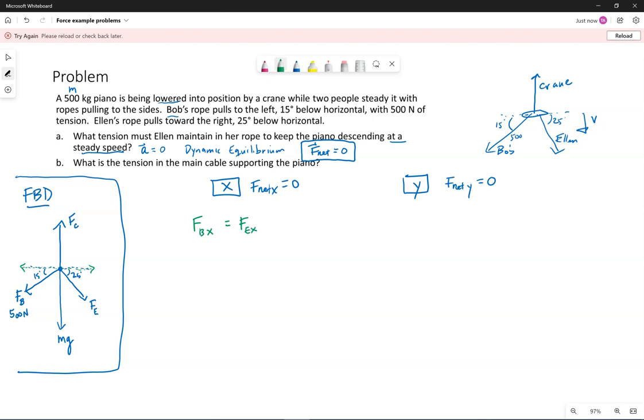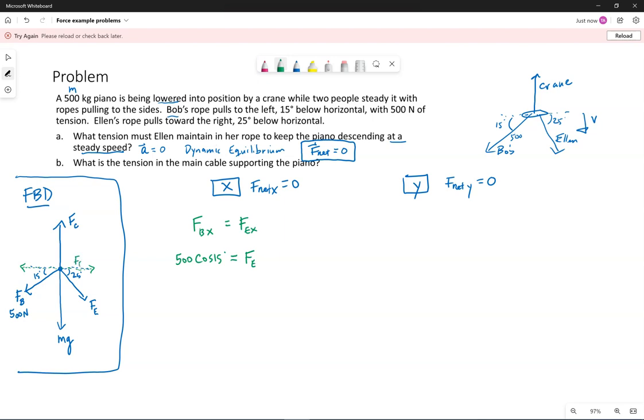So let's see here. Bob's force is 500 newtons. That is adjacent to the 15 degrees, so 500 cosine 15 is going to be the x component of Bob's force. In the x direction for Ellen, we don't know how hard she is pulling, but we do know the angle.